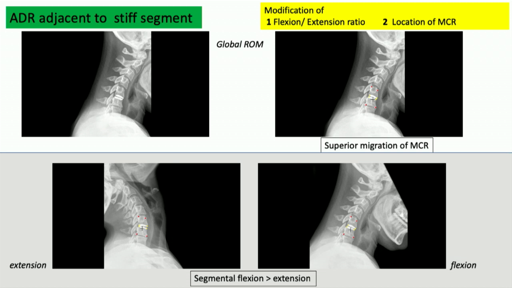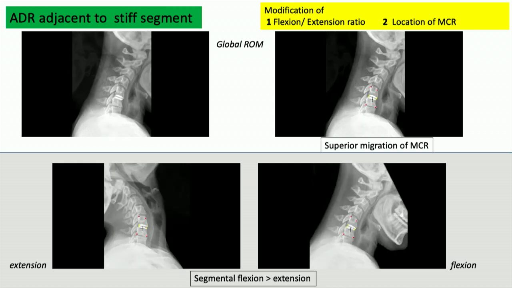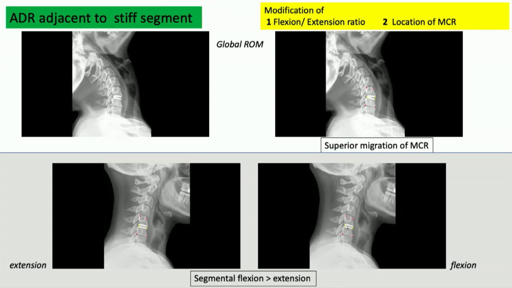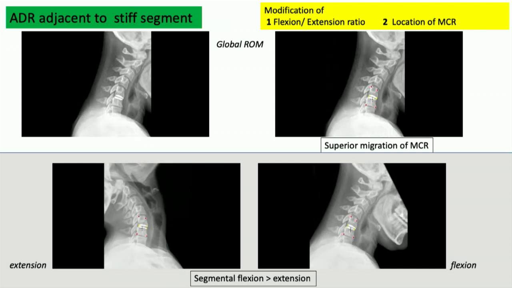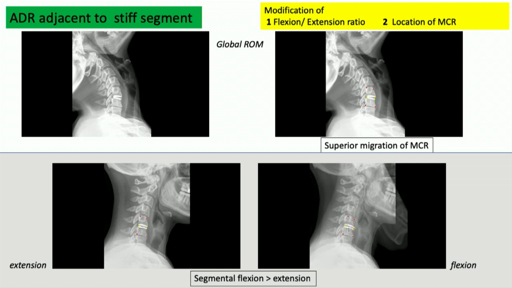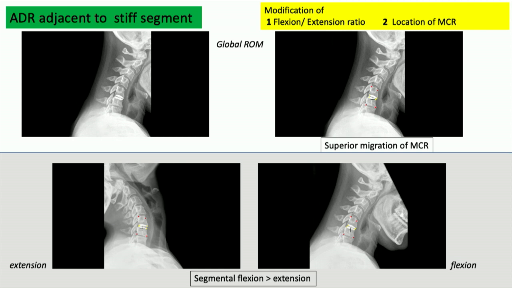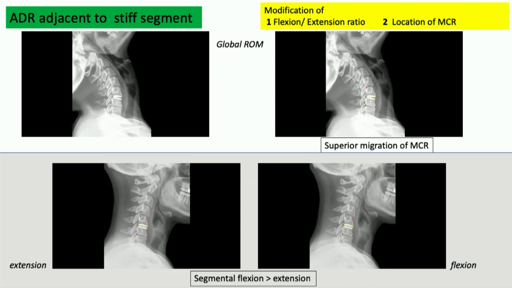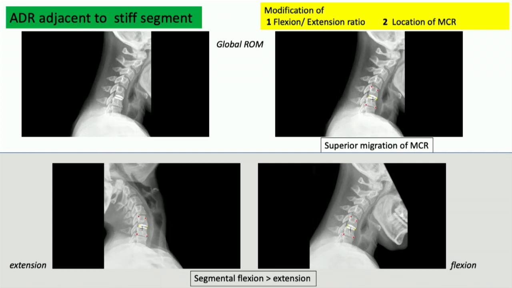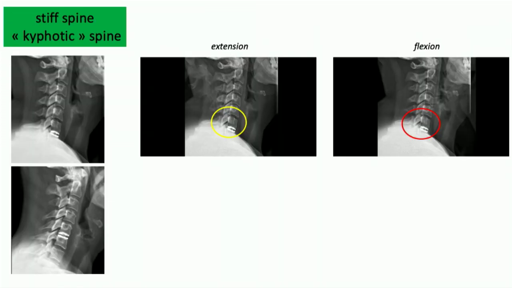So 2 messages: superior migration of the center of rotation, and this problem is very evident whatever you study, mainly the flexion or mainly the extension. Look at this case, for example. For extension, you have the rotation center inside of the prosthesis and even during flexion. So a very strange side effect.